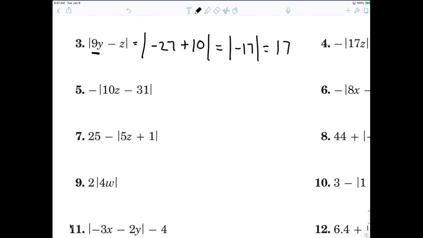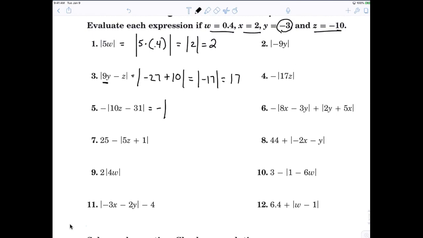So now, equals negative. What's z again? So what's 10 times negative 10? 10 times negative 10. Negative 100. Come on, guys. So negative 100 minus 31.